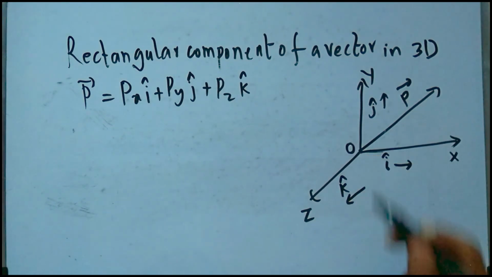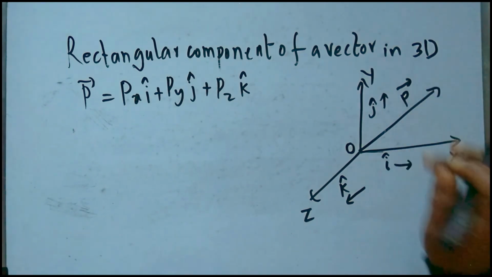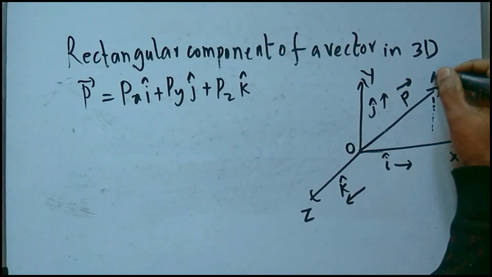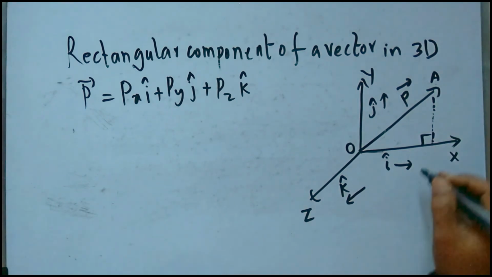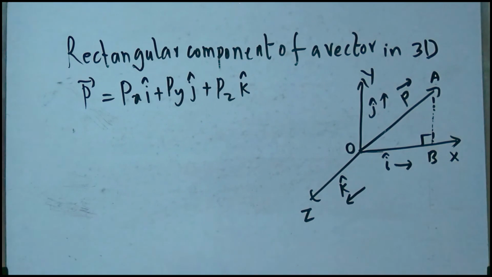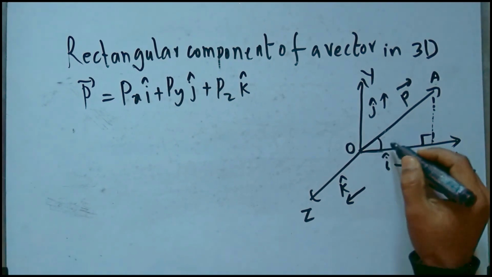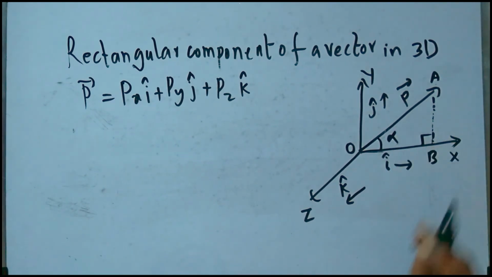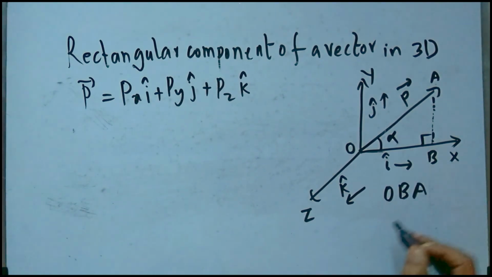So this is origin, this is our vector P. Let this be A, and we draw perpendicular B. So let vector P make angle alpha with x-axis. In triangle OBA, this is a right angle triangle.